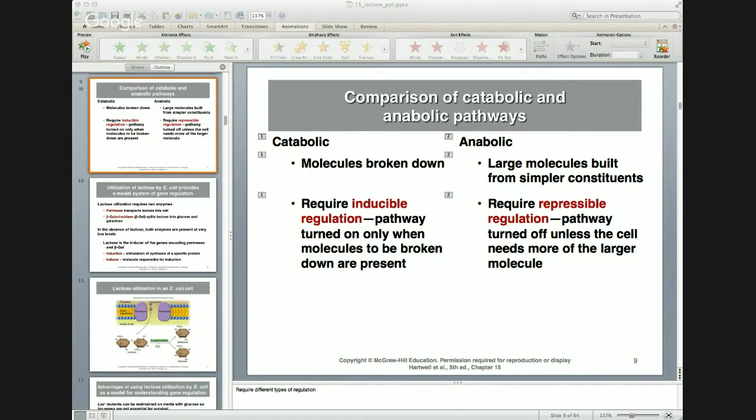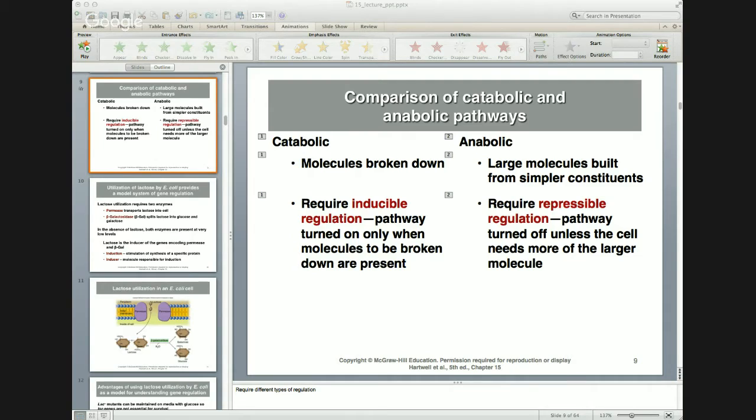So here the inducer binds to the repressor protein. Once it's bound, the shape of that repressor protein changes such that it is now unable to bind the operator site. Because the changed repressor is unable to bind the operator site, it makes the RNA polymerase able to bind to the promoter of the operon.